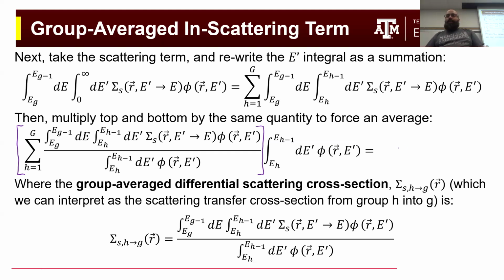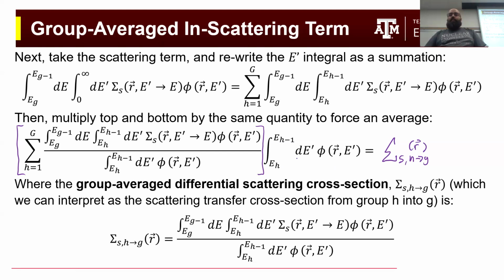So by definition, that quantity in the big brackets is my sigma S to go from group H into group G. And it can depend on the position in the reactor because different materials in my reactor would have different cross sections. So fundamentally, that's what this term represents. It's a scattering cross section that relates to the probability of a scattering reaction that kicks me from some other group H into the group G that I am keeping track of.